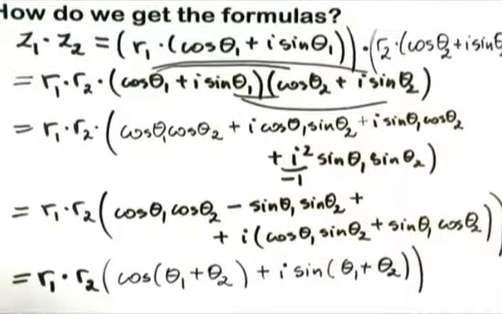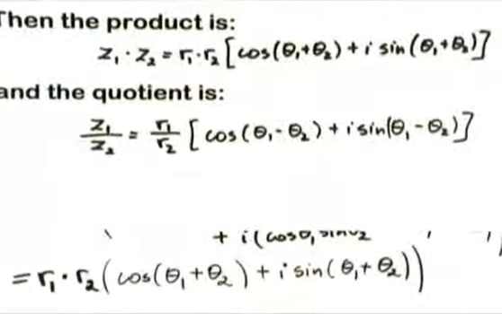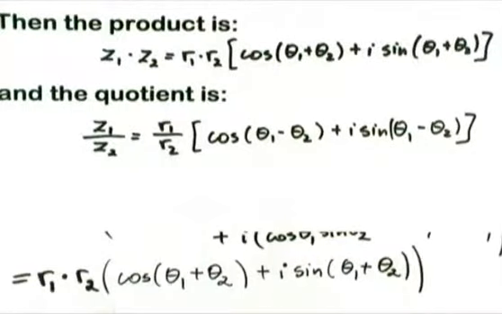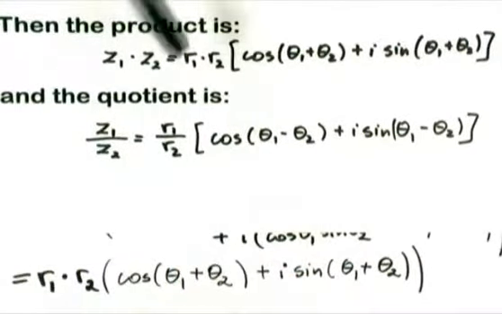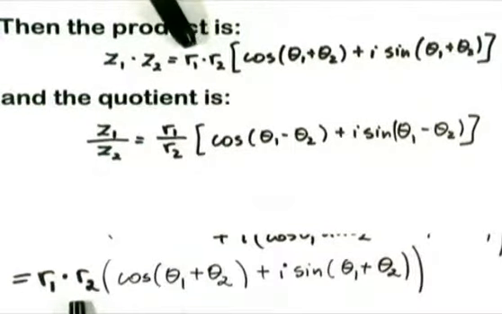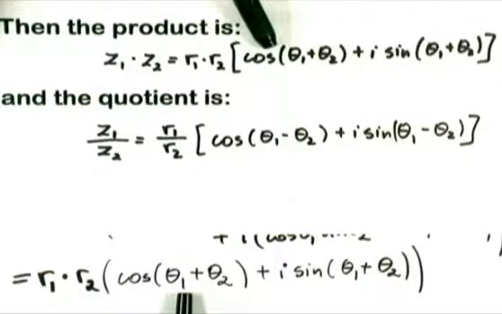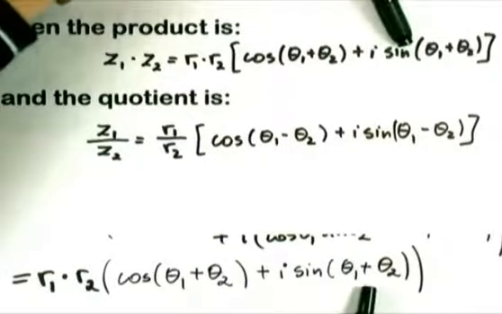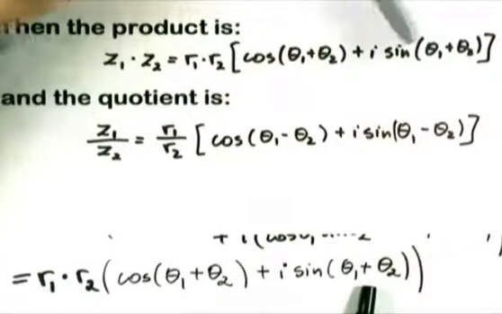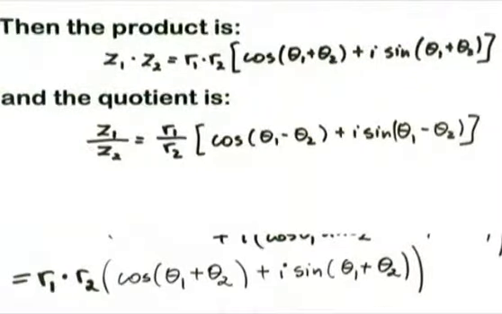And that's exactly what we have on our first screen in the theorem: z1 times z2 is r1 r2, then cos (theta 1 plus theta 2), i sine (theta 1 plus theta 2). In the same way we can derive the other one, but we're going to leave it. The derivation is very likely in the textbook.